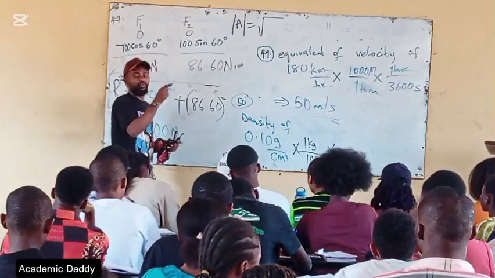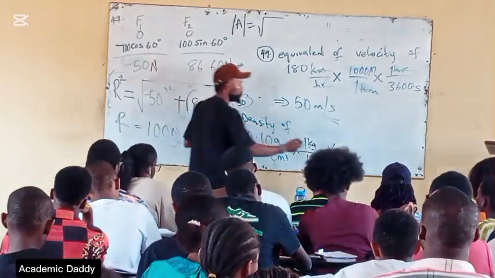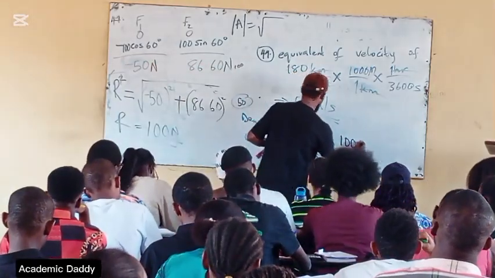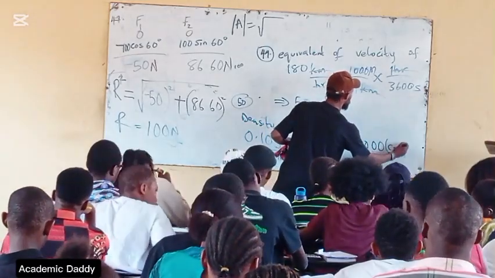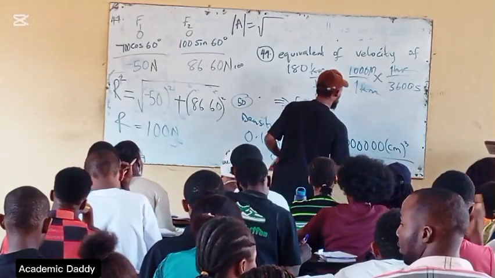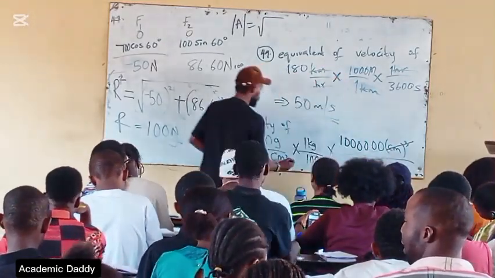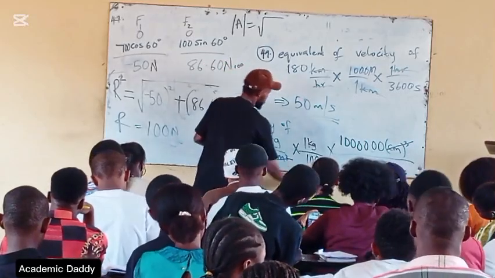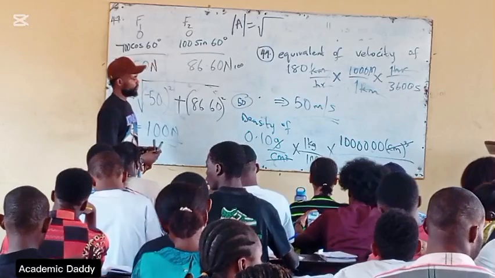Which means that 1 meter cube will be equal to 1 million centimeters cube. So I'll put 1 million centimeter cube in the place where it cancels, and meter cube below. So centimeter cube cancels centimeter cube, gram cancels gram. Now by the time you punch it, what do you have?